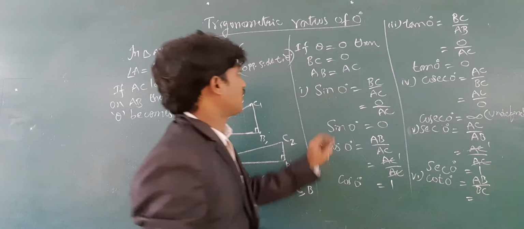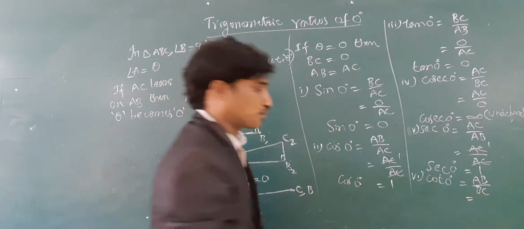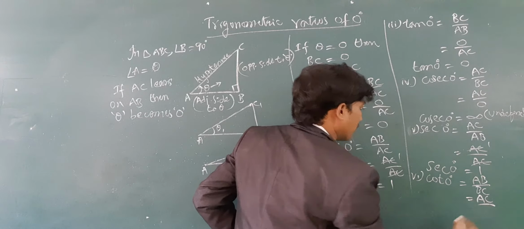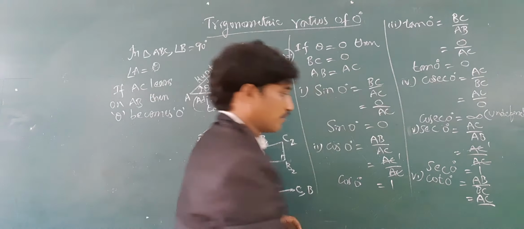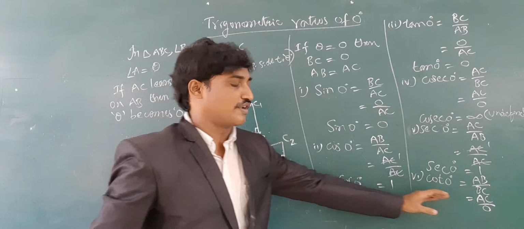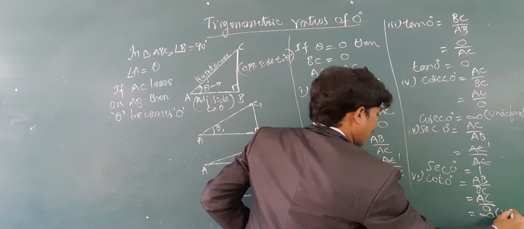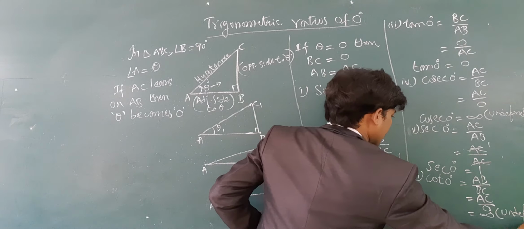In case of 0 degree, we know AB equals AC, so AC by BC value is 0. AC by 0: we know division with 0 is not defined, it equals infinite, undefined. We cannot say.